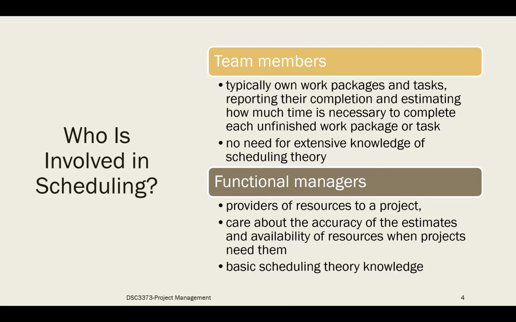So they are concerned about the accuracy of the estimates and how many resources are available when the projects need them. So for the functional managers, it is sufficient if they have a basic understanding about how scheduling is done.